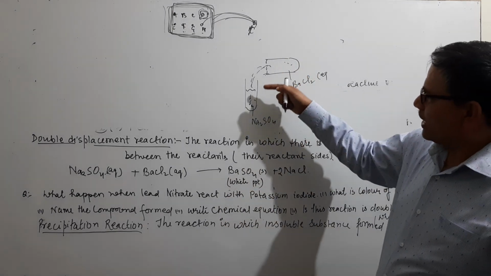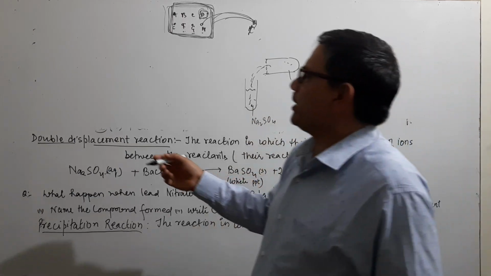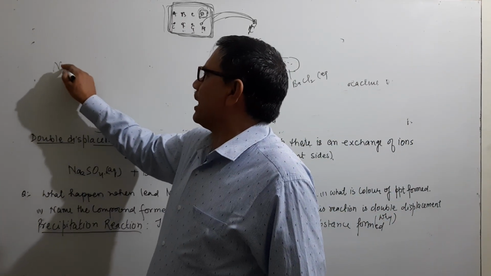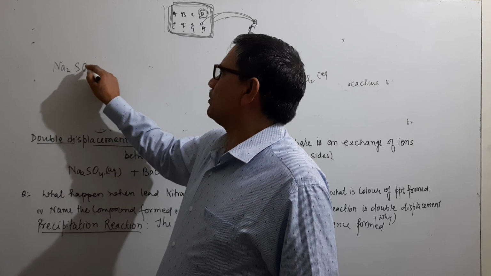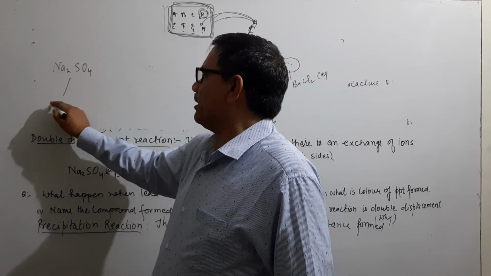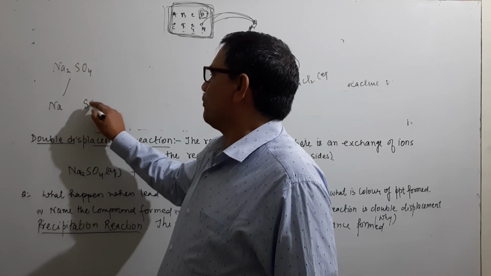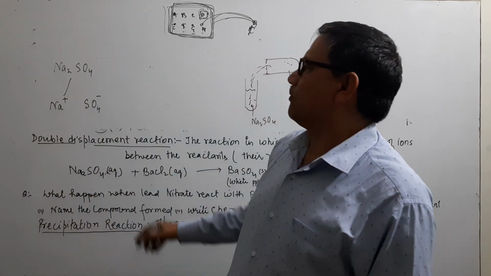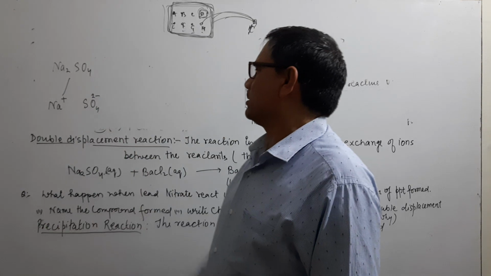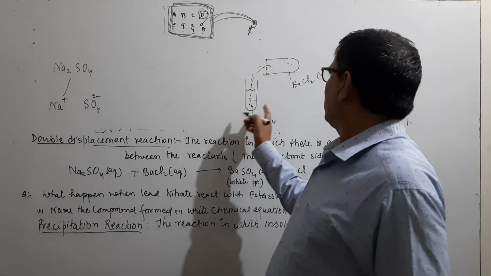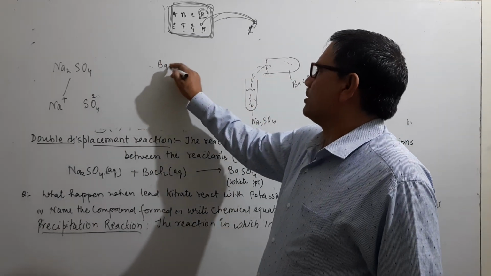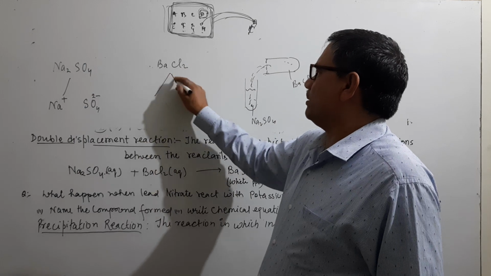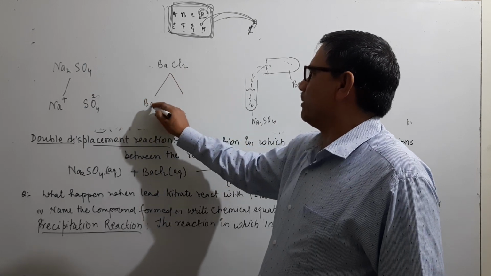When barium chloride and sodium sulfate react with each other, when we break Na2SO4, the ions formed are Na plus and SO4 2 minus. And here is barium chloride BaCl2, which will break and give Ba2 plus and Cl minus.